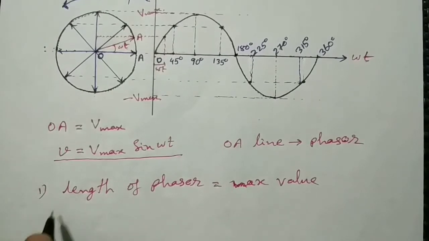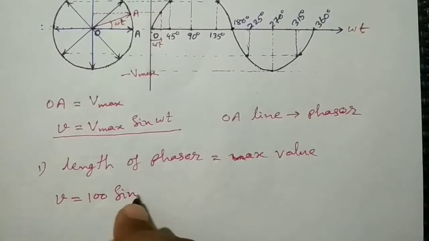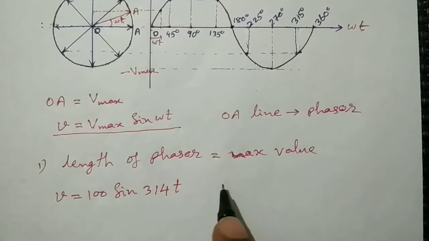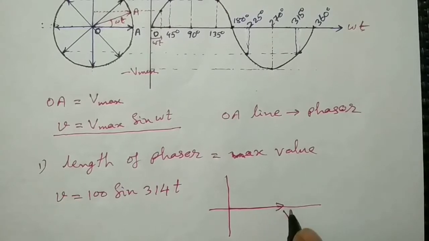Therefore, if we have a value of voltage V equal to, let's say, 100 sine 314t, then its phasor can be drawn along the x-axis.